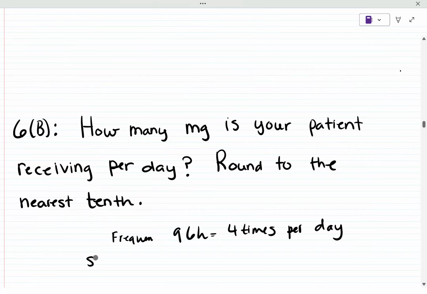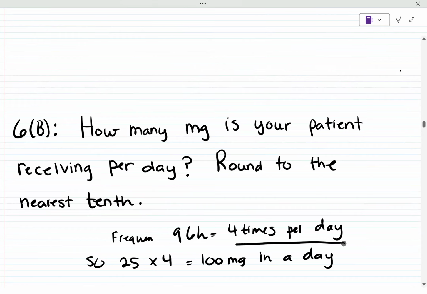So 25 times 4 gives you 100 milligrams a day, for a total of 100 milligrams in a day.